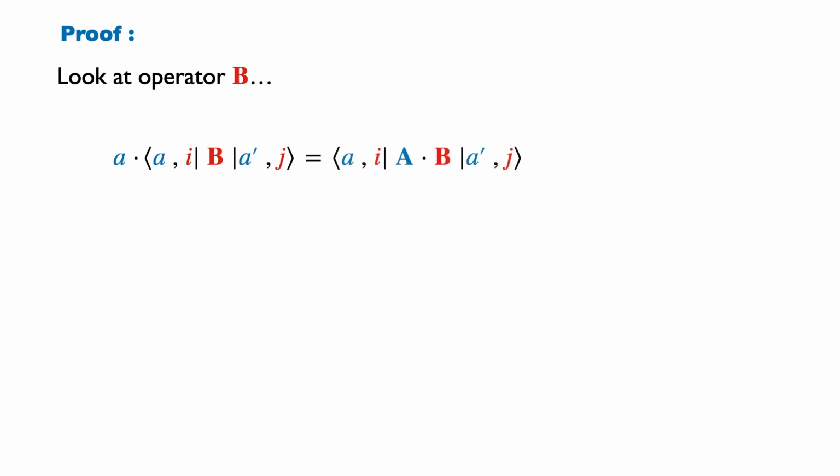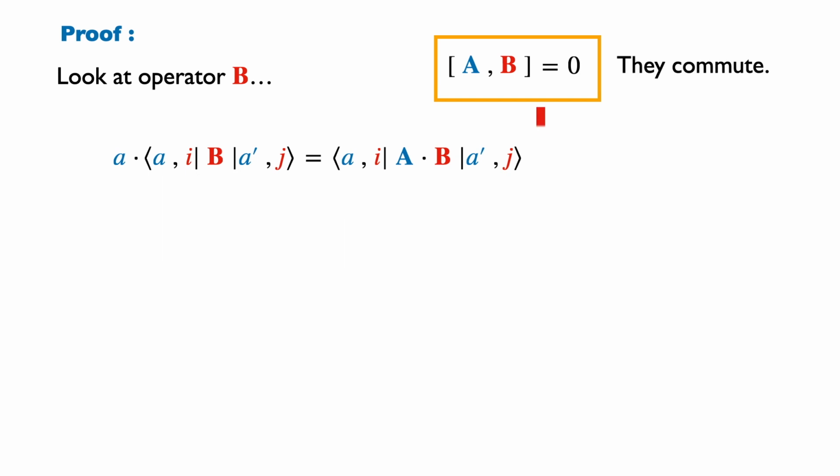Since A is already diagonalized, let's look at operator B. Its matrix elements in the complete basis is given by this. We can multiply this by eigenvalue A, which is equivalent to inserting the operator A on the left side of B acting on the bra <A,I|. Since A and B commute, we can move A past B to act on the ket |A',J>, which will bring out the eigenvalue A'.